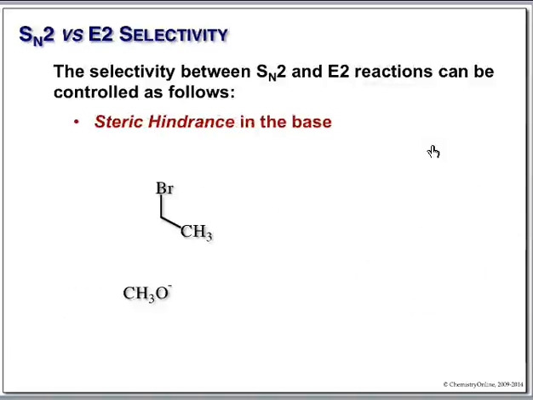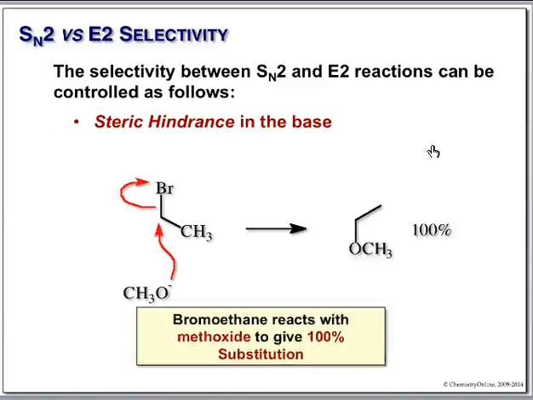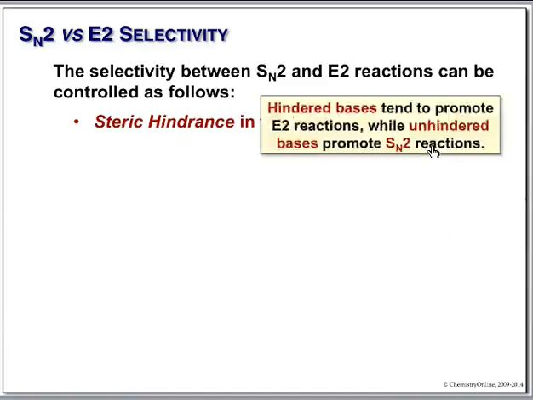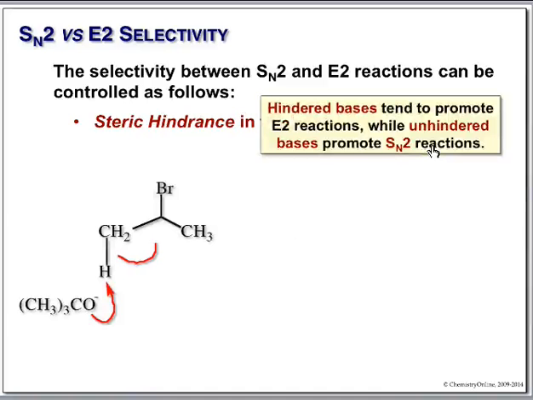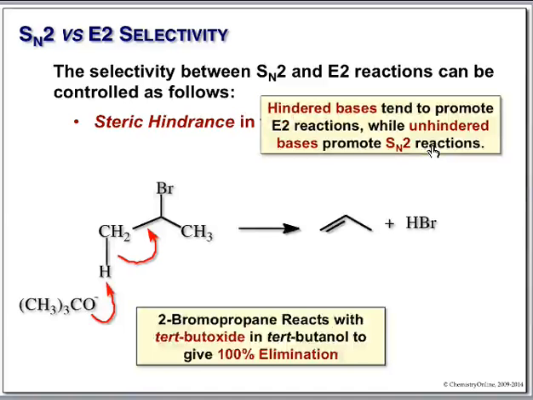The reason simply has to do with the size. If we took this guy and did a simple elimination, instead of elimination, we would get 100% substitution. If we took this compound with tert-butoxide, we would get 100% elimination.